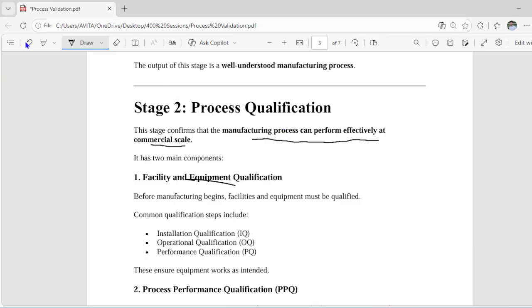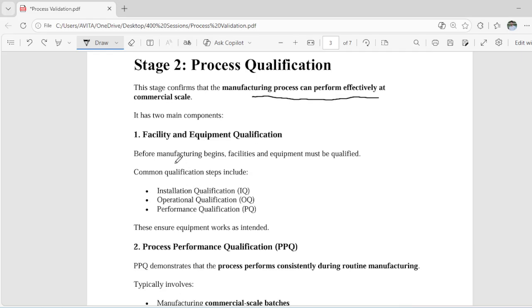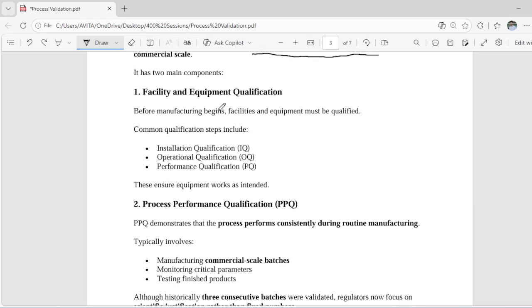Before manufacturing begins, the facilities and equipment must be qualified. The common qualification steps include installation qualification, then operation qualification, and performance qualification. These ensure the equipment works as intended.